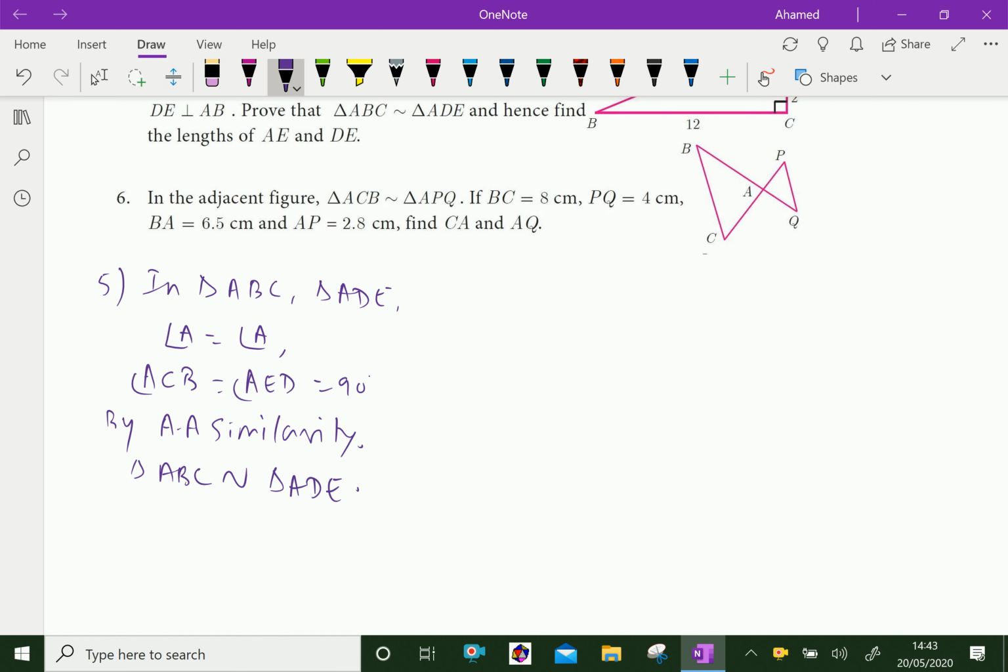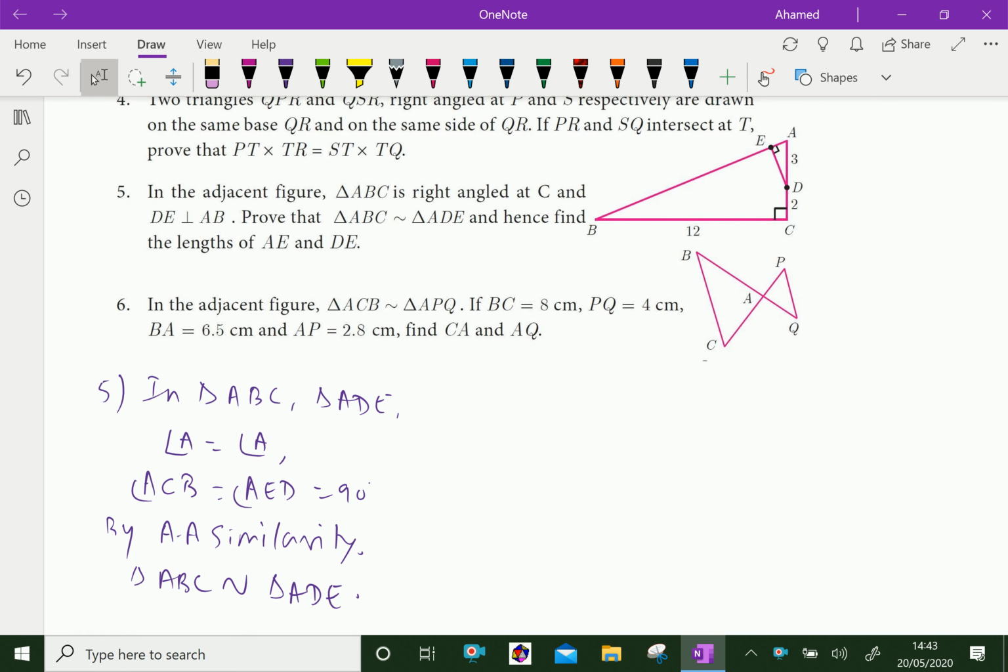Next, in similar triangles ABC and ADE, we can write the ratios AB over AD.